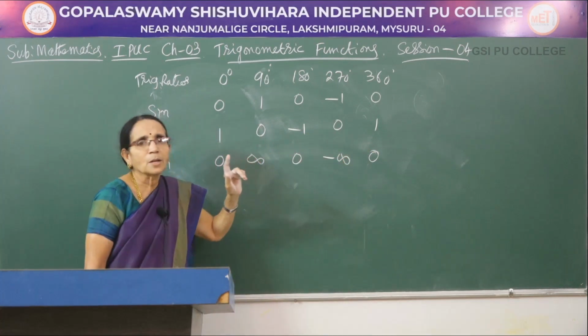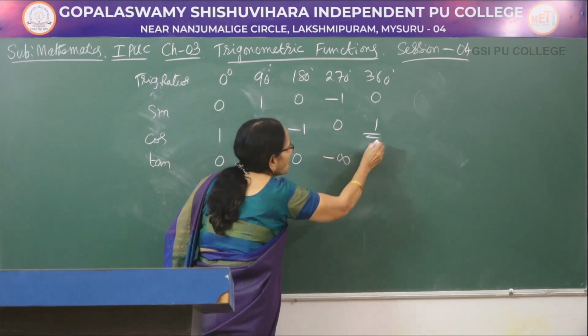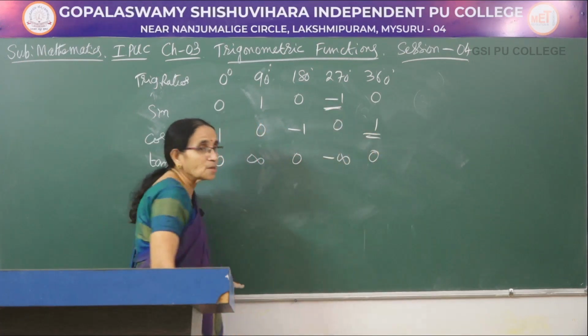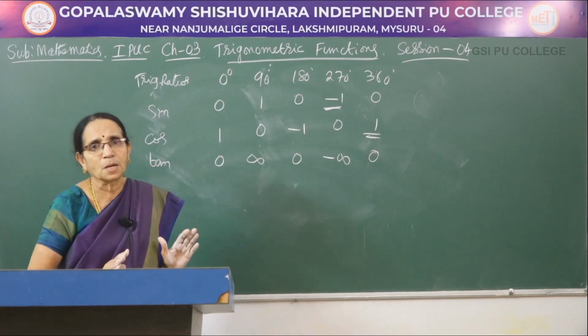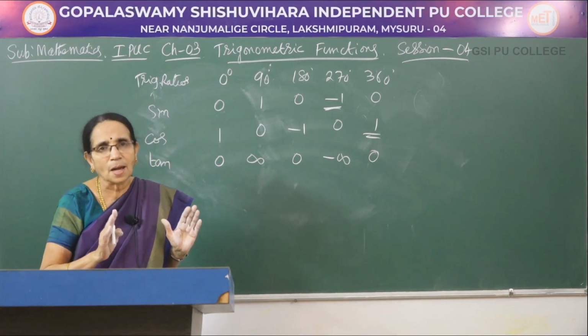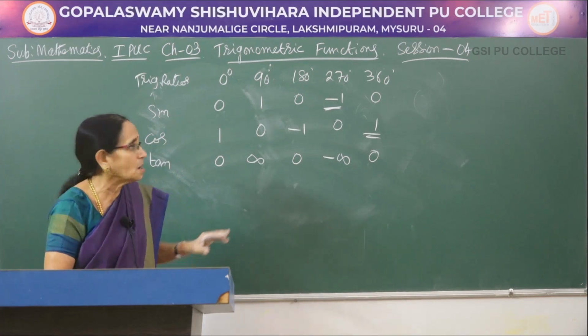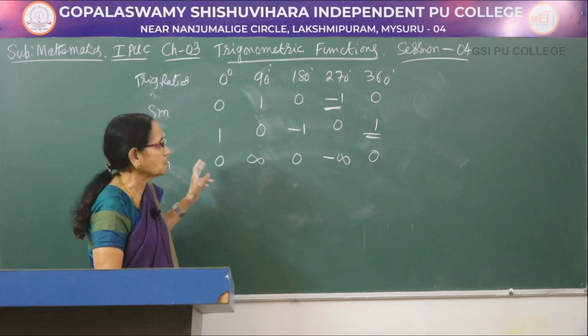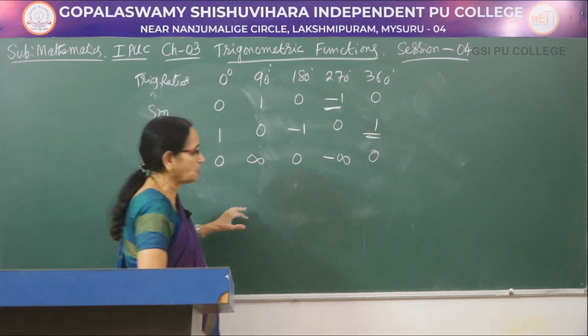So, the maximum value of sin theta or cos theta would be +1 and the least value is -1. This is an important piece of information. However big or small an angle theta may be, sin theta and cos theta always lie between -1 and +1.